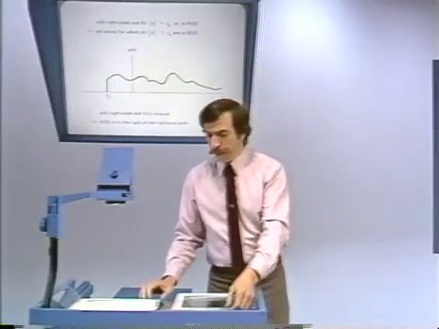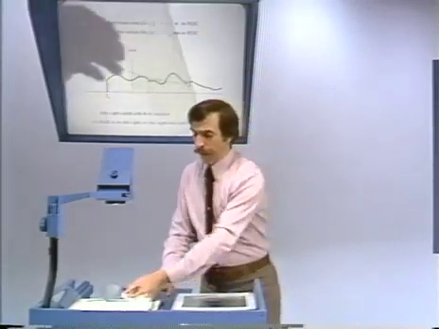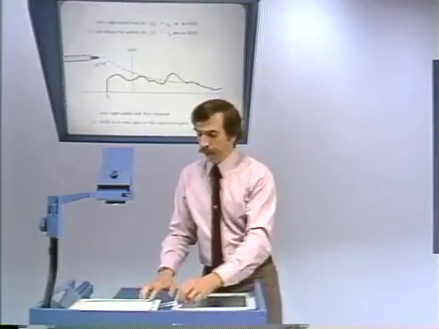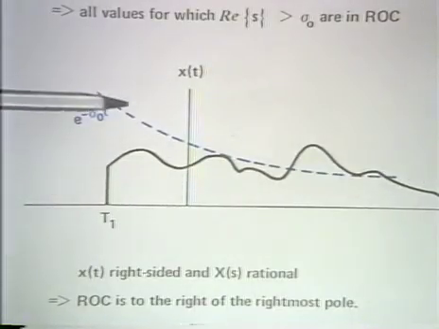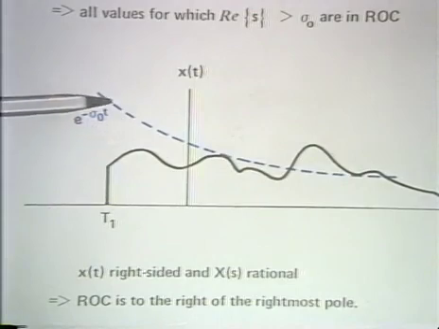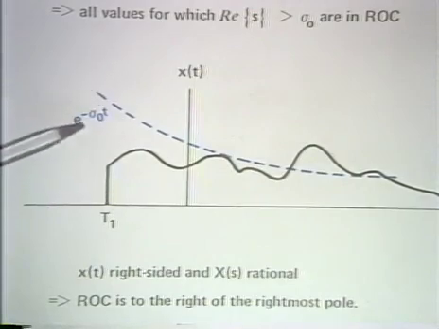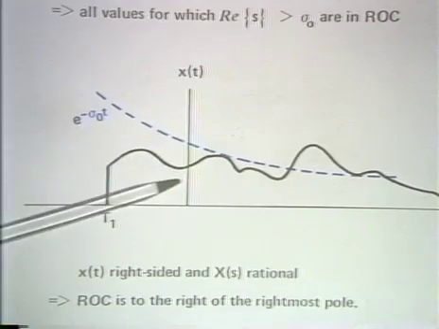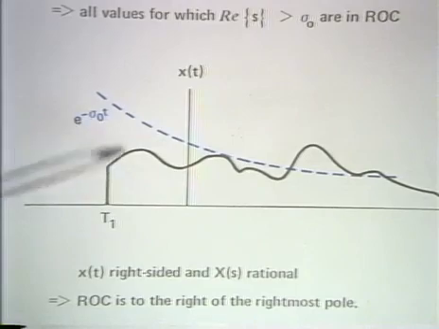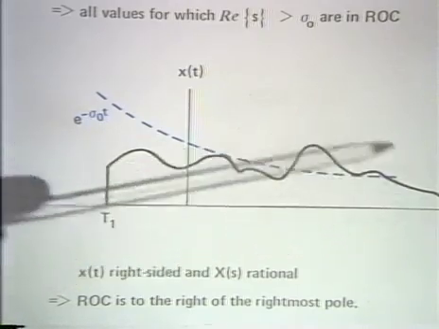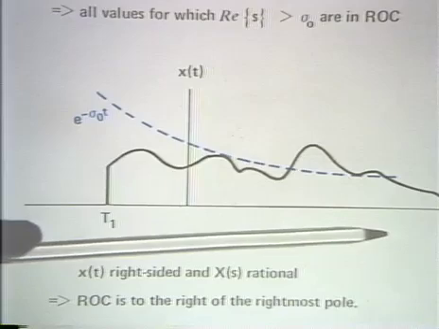Well, suppose that when I multiply this time function by an exponential which decays, an exponential e to the minus sigma 0 t, what you can see intuitively is that if this product is absolutely integrable, and I were to increase sigma 0, then I'm making things even better for positive time because I'm pushing them down.